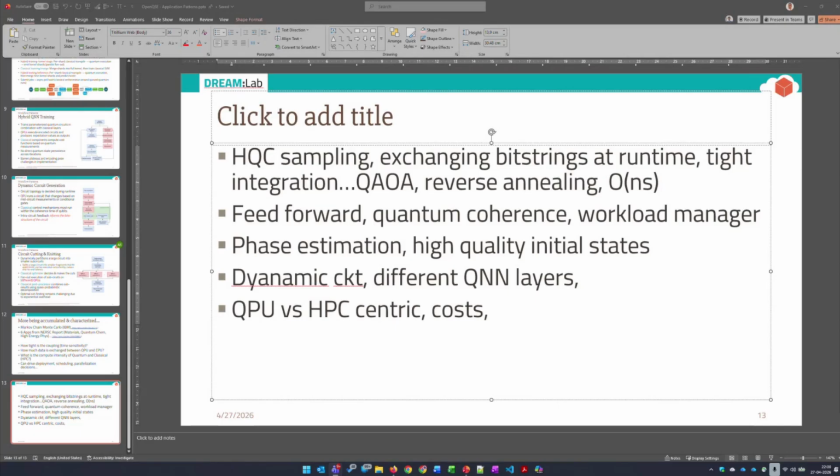So my general take-home message is that people who are talking about remote access and tight integrations are not having a long horizon. Once you have a system, it has to run all types of jobs. You can't just have a system that is running some algorithm but cannot do the others.